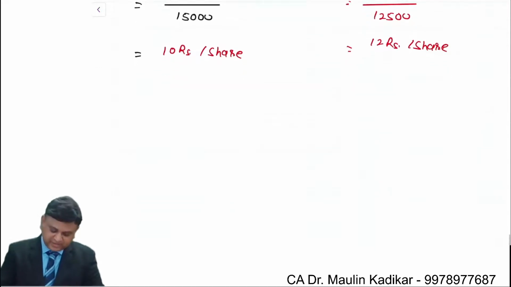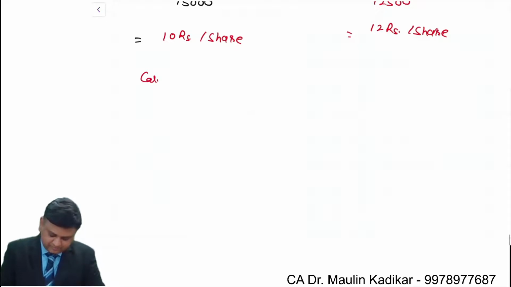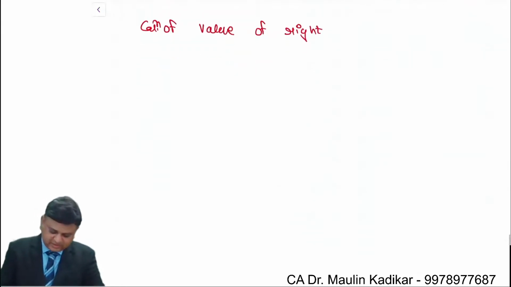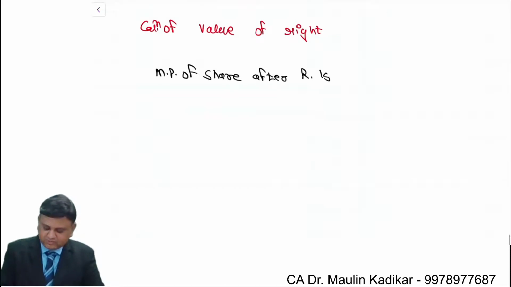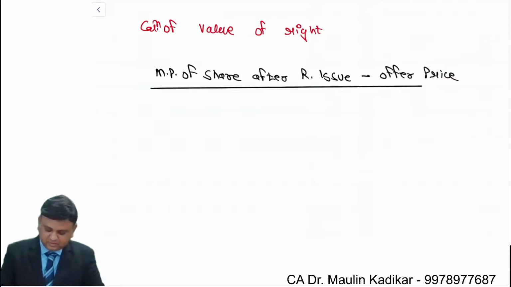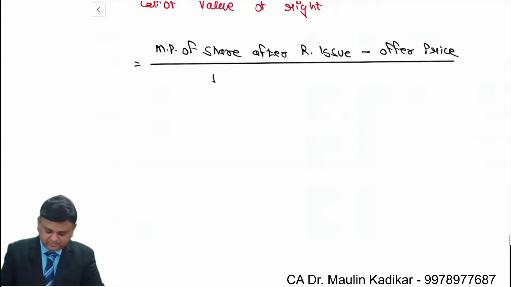Chalo, please write an answer for the calculation of value of right. It will be calculated like this. Market price of share after right issue minus offer price divided by number of shares.